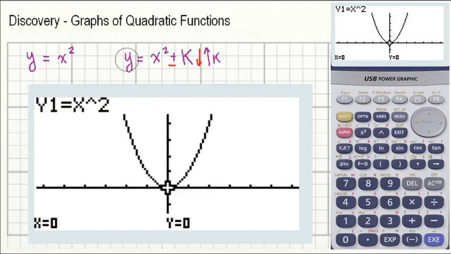Alright, so let's go to the second part of our investigation. And now, let's discuss what happens when we tweak with the x here. So if we add or subtract something to x inside of the bracket here.